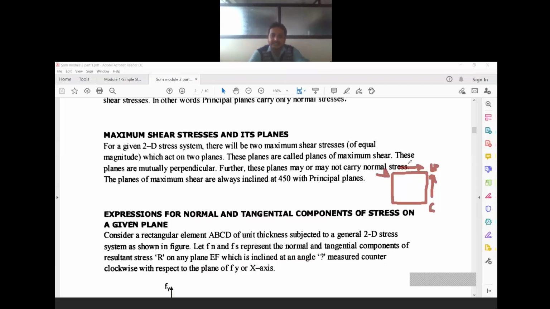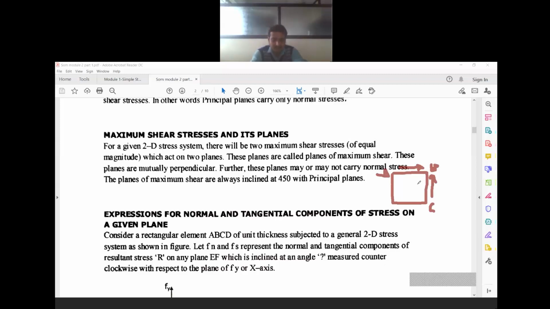If I consider the maximum shear stress acting in plane AB, then the other is also a maximum shear stress. So maximum shear stress will be acting in two planes. What are those planes? AB and BC in this condition, and both those planes are always perpendicular to each other.